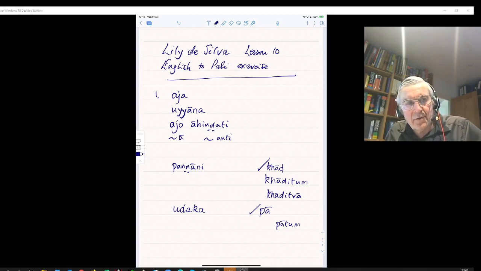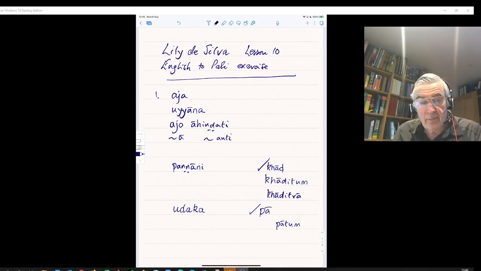Pali will also permit the infinitive ending tum to be added to the present base. So pa becomes pivati. So Pali will allow the infinitive form pivitum.